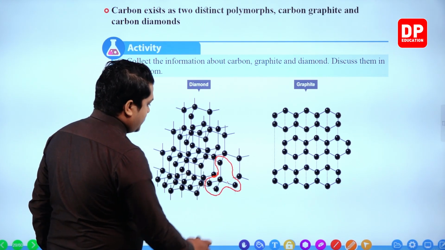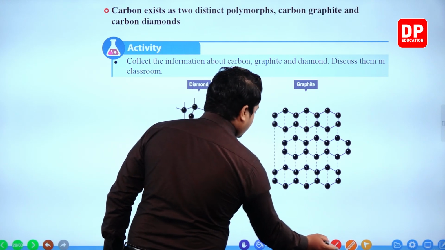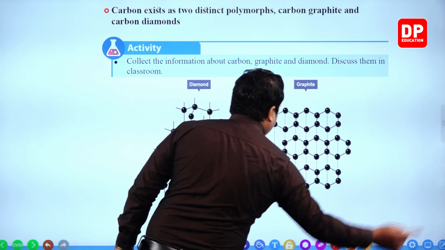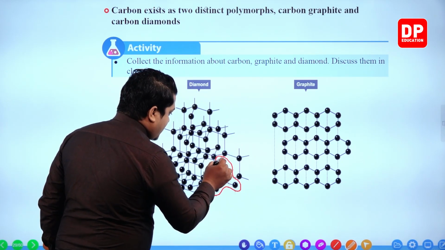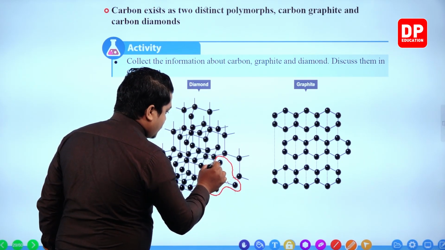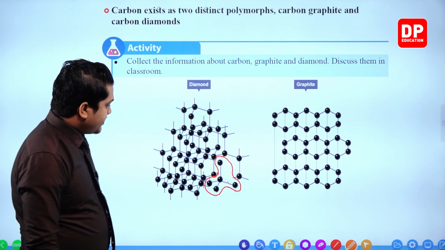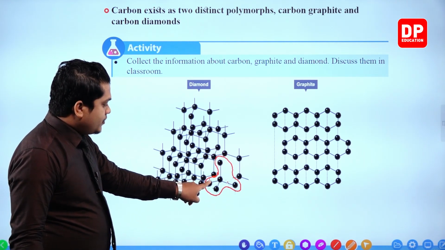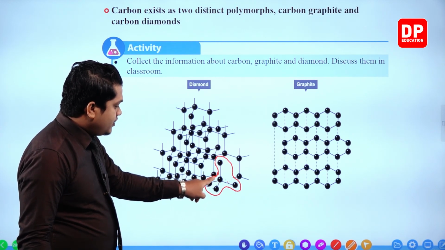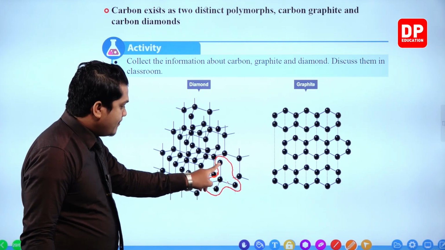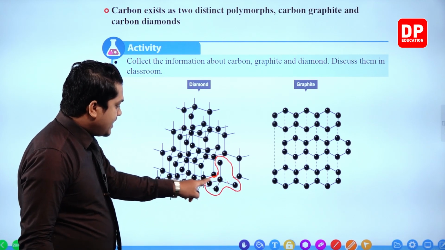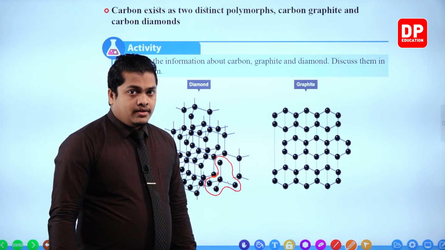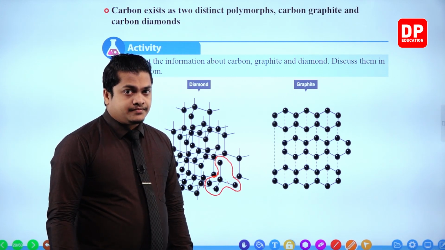Each and every carbon bonds that way with 4 nearby carbon atoms in the creation of diamond, my dear children. 1, 2, 3, 4. There are 4 bonds. Each straight line over here shows one single bond between carbon atoms.